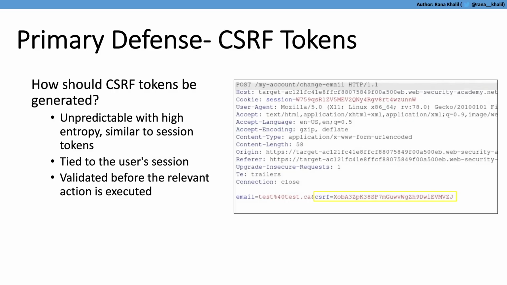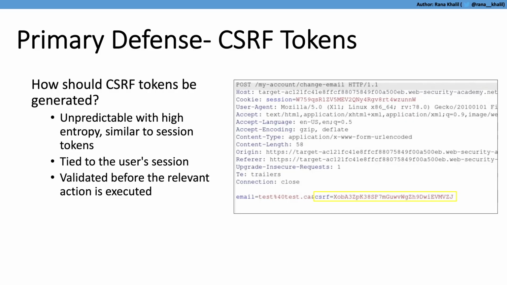The second condition being that the application has to be using cookie-based session management. And the third condition is that there has to be no unpredictable parameters in the request. In this scenario, by adding a CSRF token, we no longer satisfy condition 3 because we introduced an unpredictable parameter that can't be predicted by the attacker upfront.